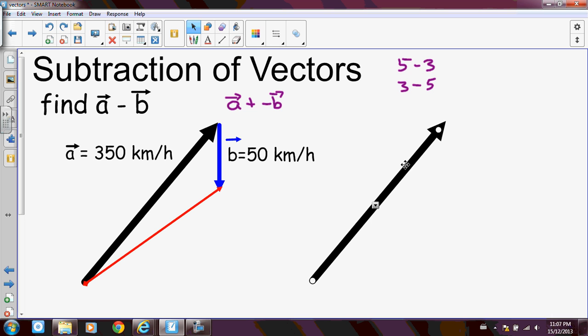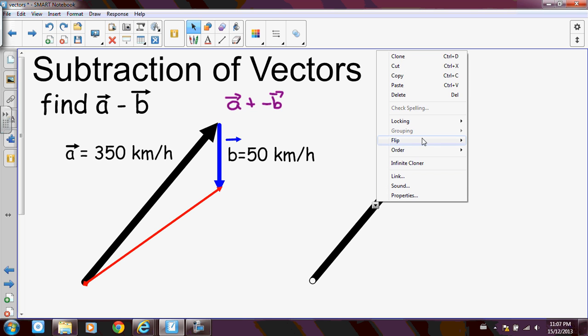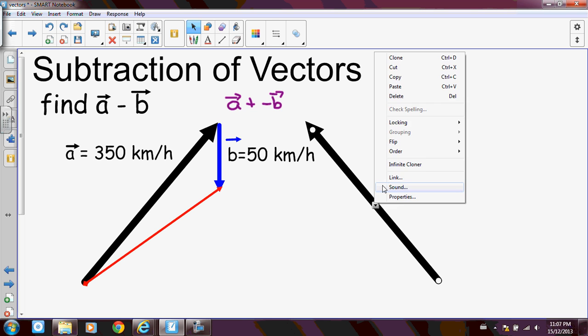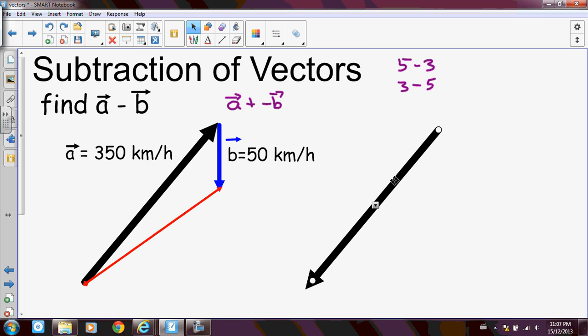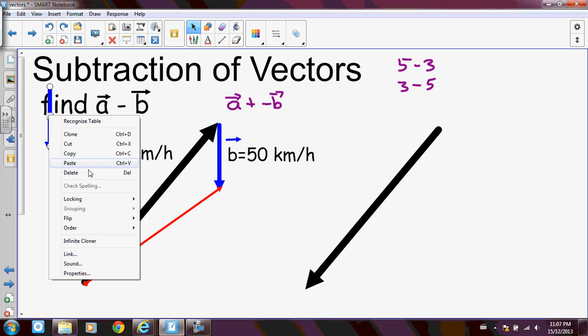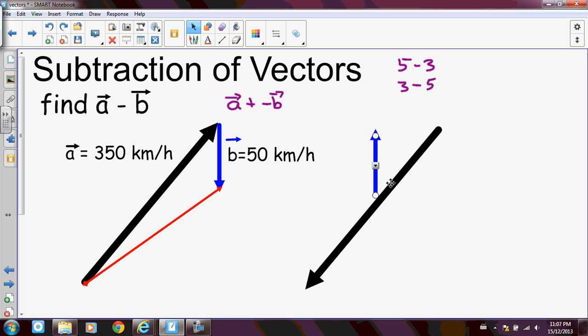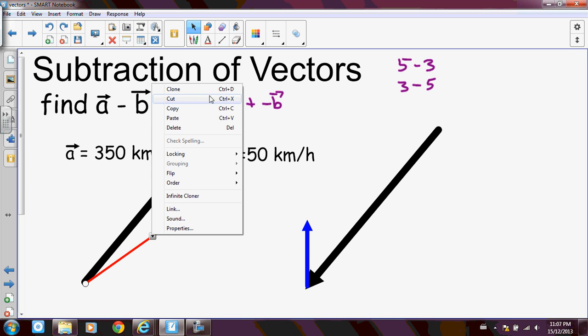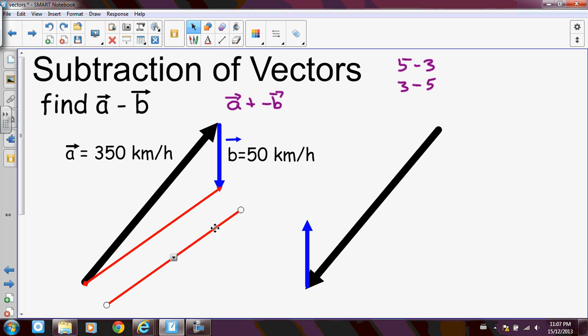If I did subtract these in the wrong order, if I try flipping A around but keeping B as it had been originally, when I put these head to tail, either here or here, I think you can see that what I'm going to end up with is not exactly the same vector.